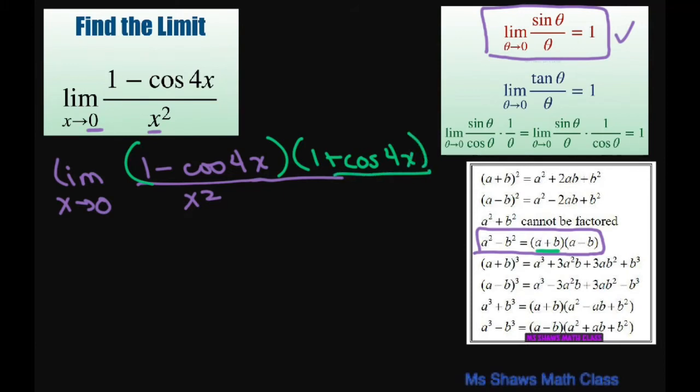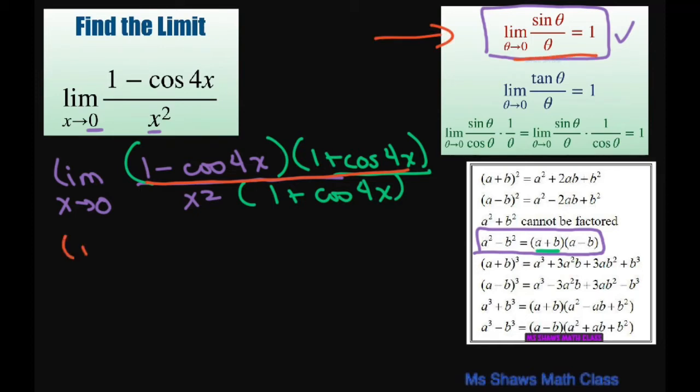All right, that means I also have to multiply my denominator by 1 plus cosine of 4x, because the two equal 1. Now the reason I did that is because I'm trying to get it to look like this, because I know this limit already.